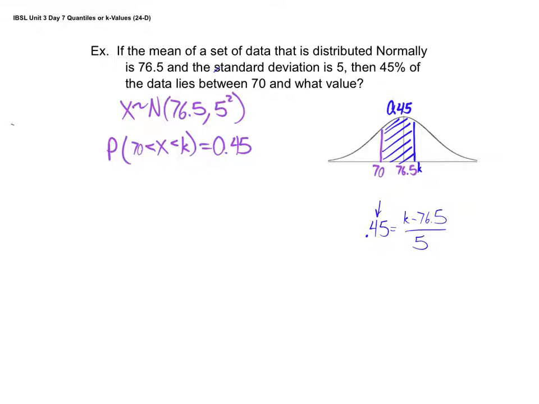Do we know that K is gonna be 0.45 standard deviations away from the mean? No. So that's not a bad thought, but that's not gonna get us what we need in this case. So, does anyone have another idea?